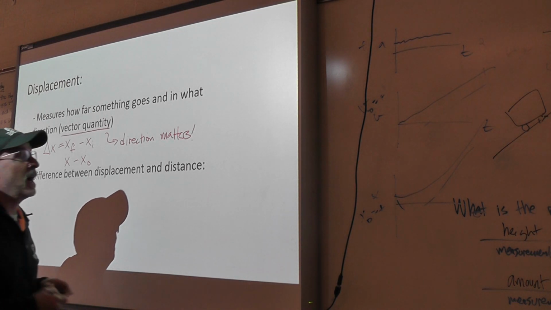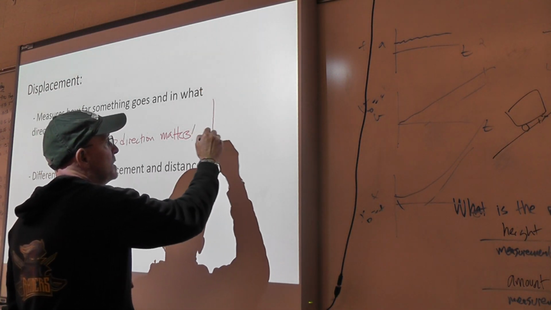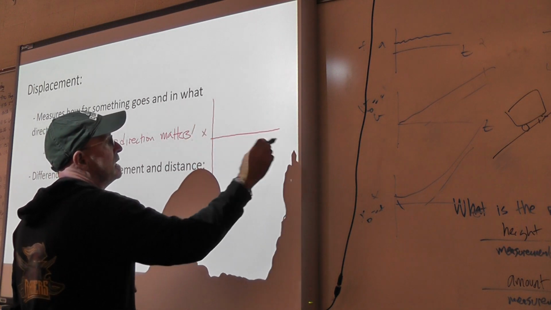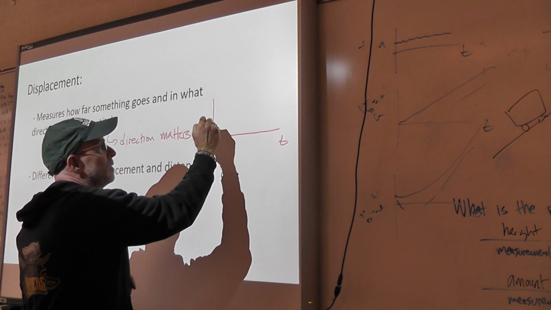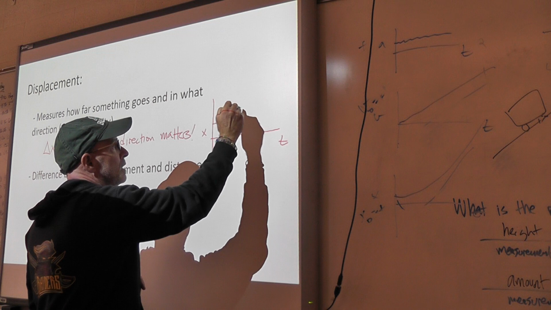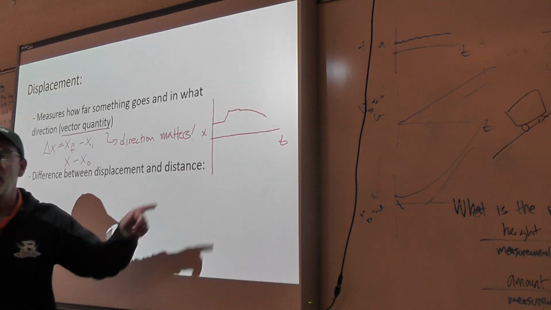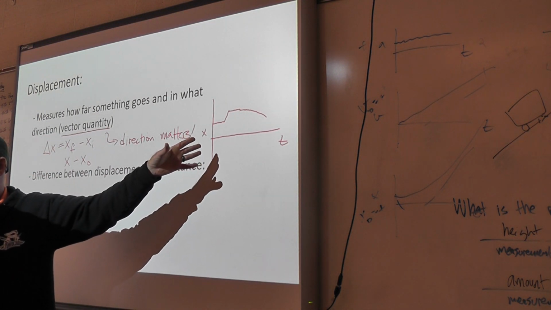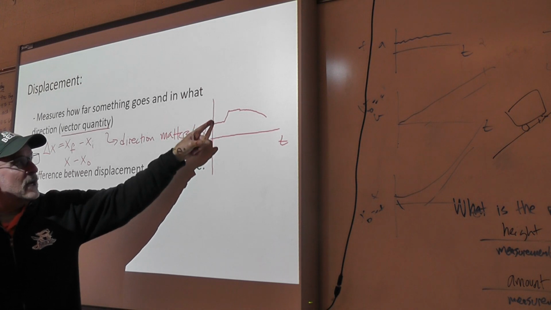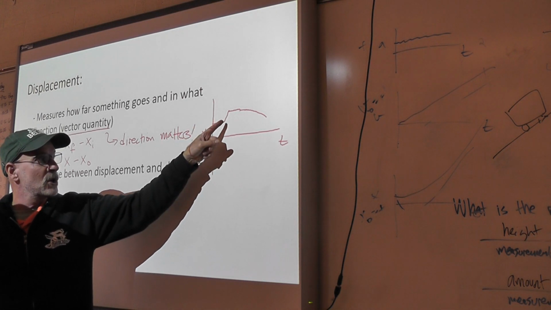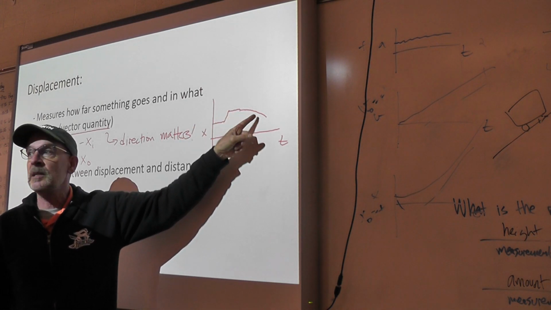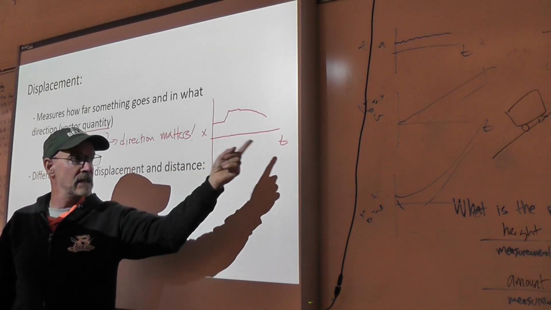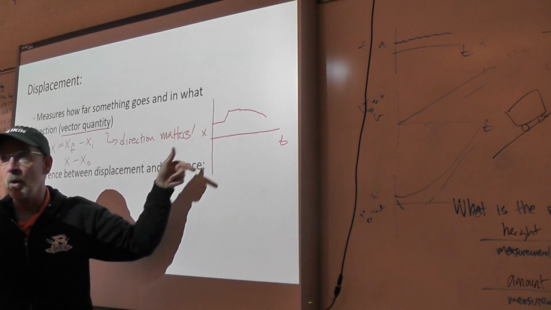You can also find displacement from a position versus time graph super easily. This should look familiar to all of you. This was our position versus time graph for the Motion Match lab. We can figure out where something is at any time because the coordinates of these points tell us time along the x-axis, comma, position along the y-axis.